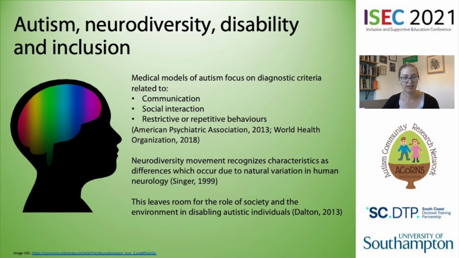Within the context of the contemporary educational system, medical definitions such as those contained within the DSM-5 and the ICD-11 are needed to provide criteria upon which autistic people can receive a diagnosis and gain access to additional support. Autism is characterised by both the DSM-5 and the ICD-11 in terms of deficits in social interaction and communication and restrictive and repetitive behaviours.